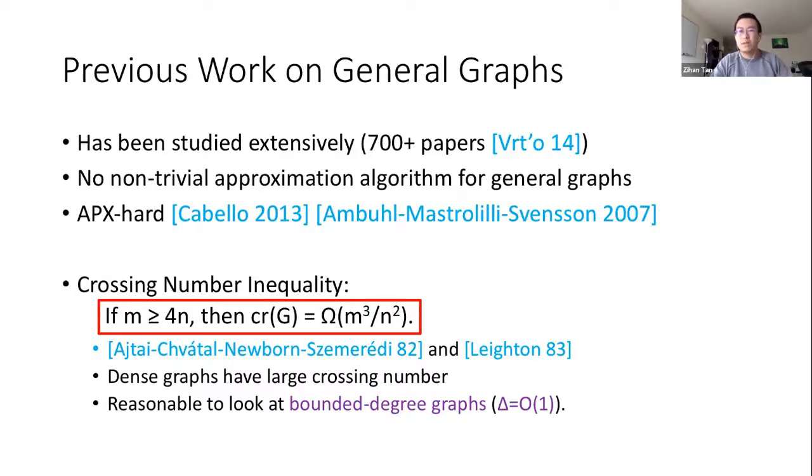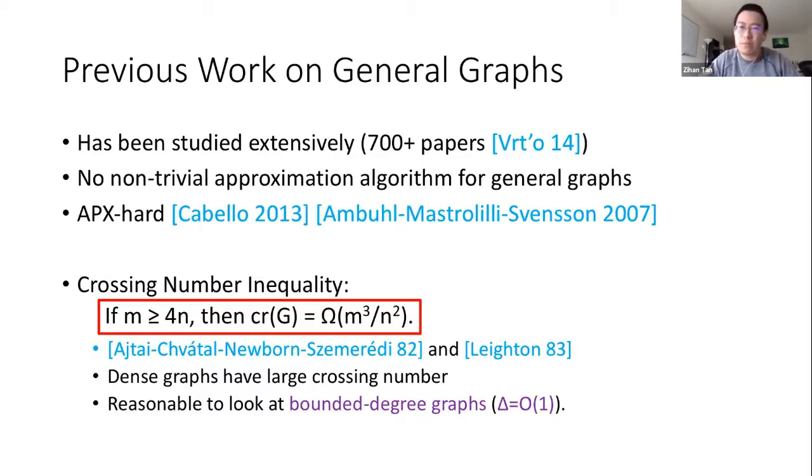For general graphs, there is no non-trivial approximation algorithm; in fact, any known approximation ratio depends on the max degree of the graph. And the best hardness result is only APX-hardness. So not much is known for general graphs.